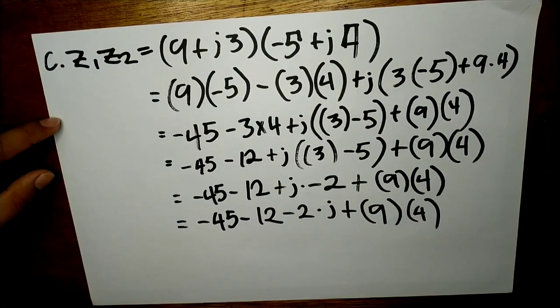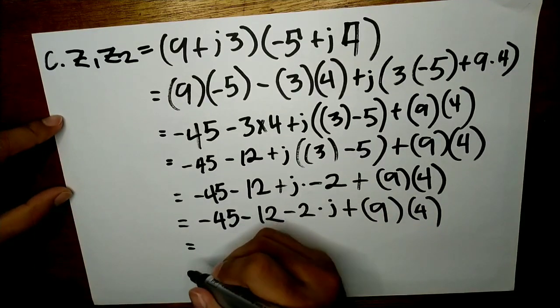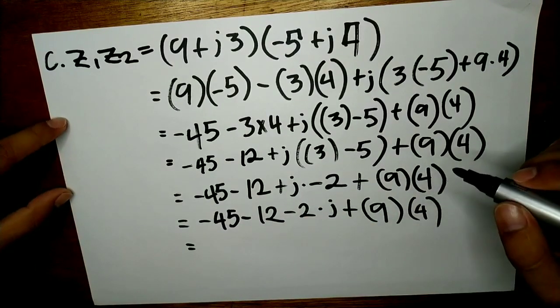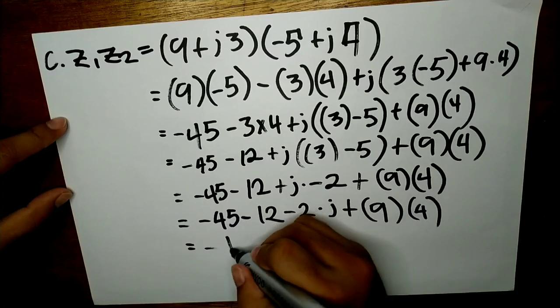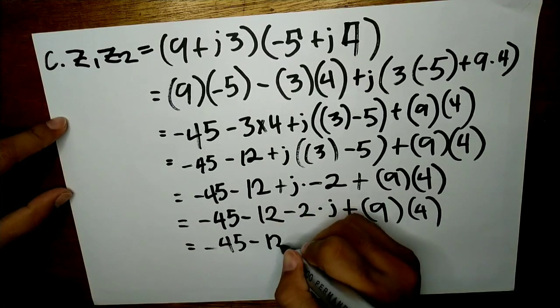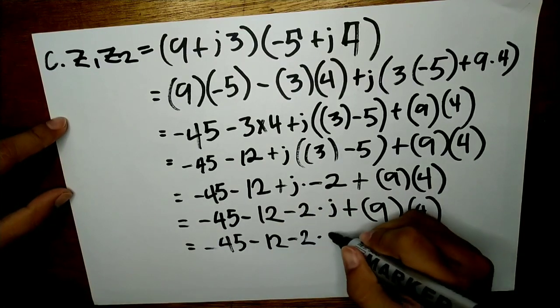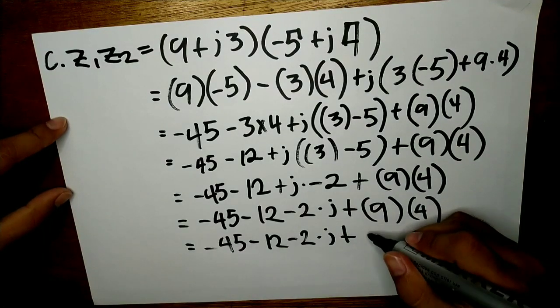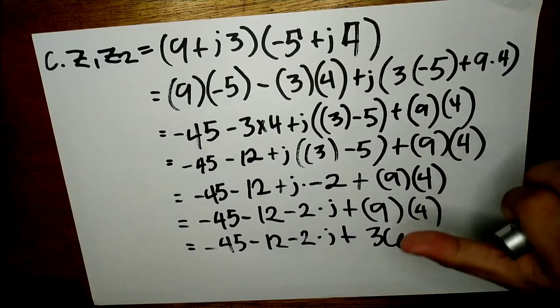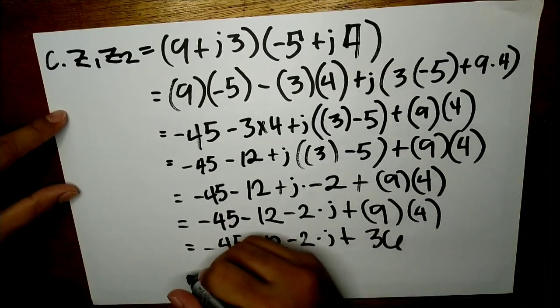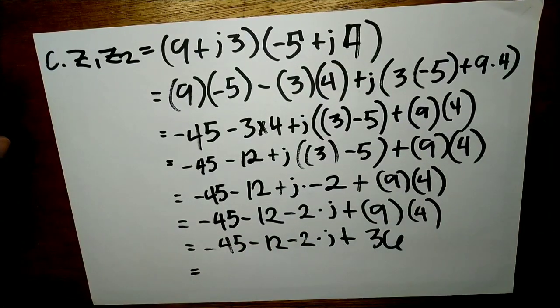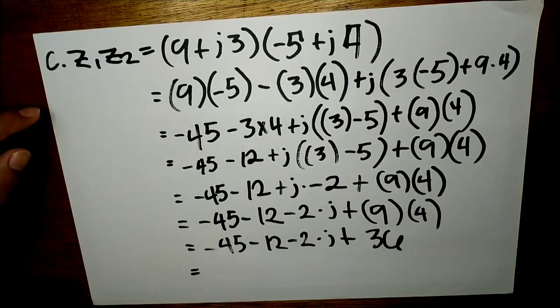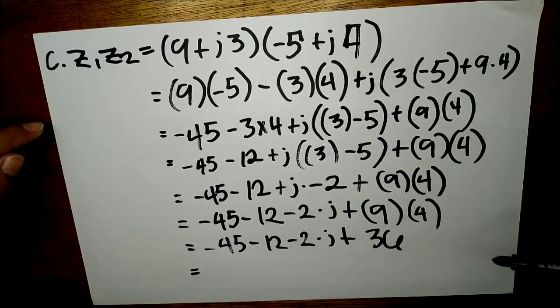Now, after we've done that, we need to multiply 9 by 4. So the result from this. So the last step is that we need to simplify by adding and subtracting it.